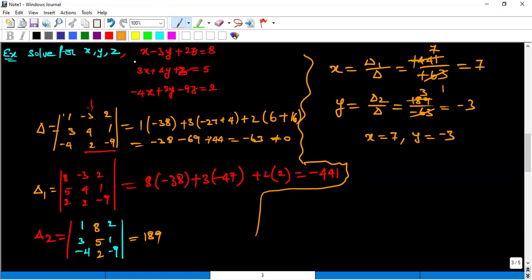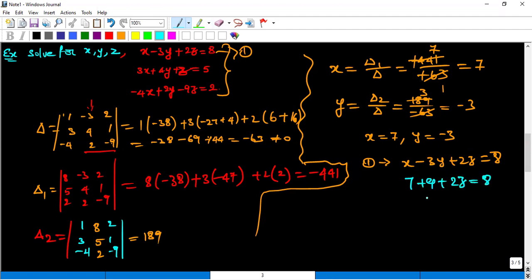Substitute these two values in any one of the equations. I am taking the first one, which is x minus 3y plus 2z is equal to 8. If you substitute the values, in the place of x it is 7, minus 3 into minus 3 is plus 9, plus 2z is equal to 8. 2z is equal to 8 minus 16.